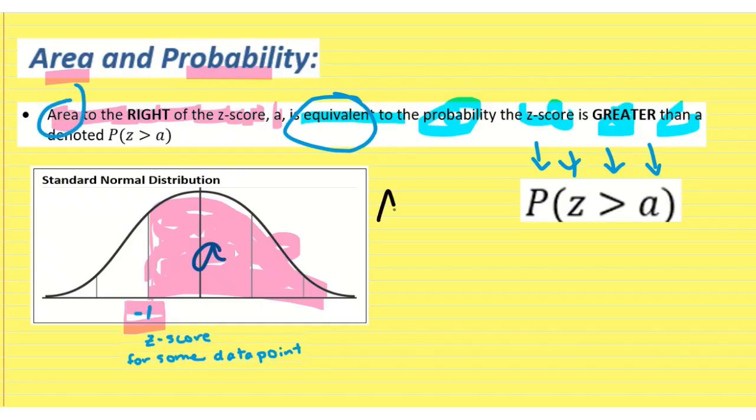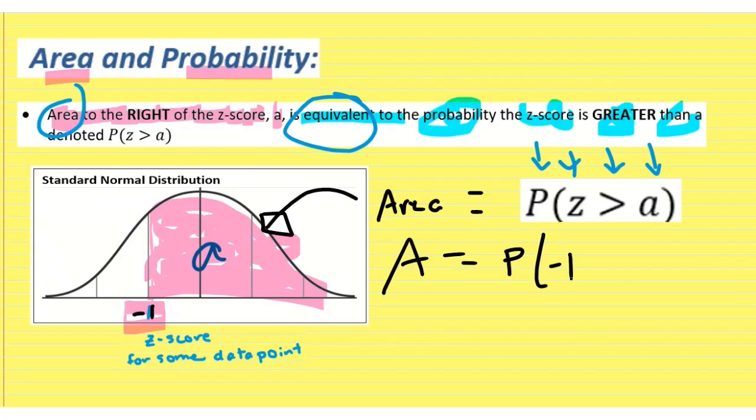So that means that all of this area in the pink is equal to the probability that z is greater than A, because we have a z-score of -1 right there. So it would say that the area is equal to the probability that z is greater than -1.